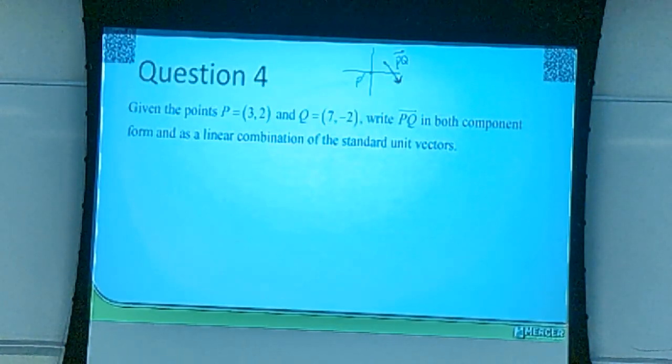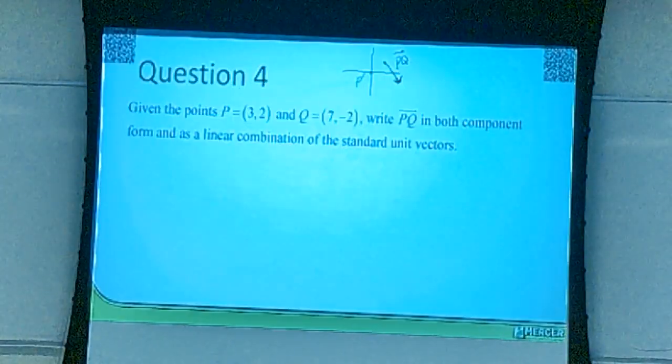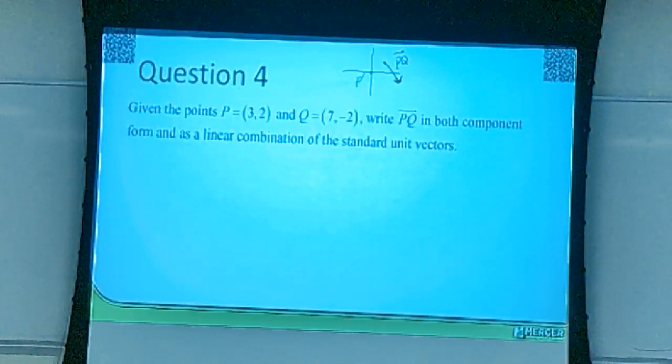We now need to find a new Q prime so that the length and direction are identical. So again, not drawn to scale, let's say it's that. We know P prime is 0, 0. Well, how did we get to P prime from P?